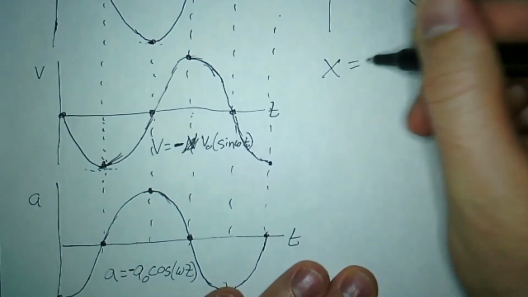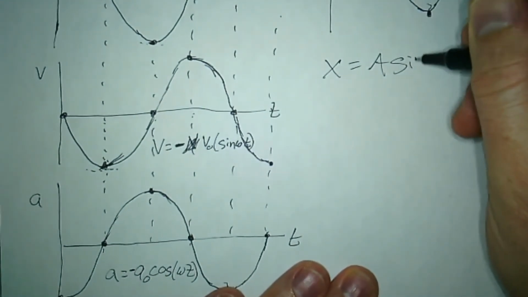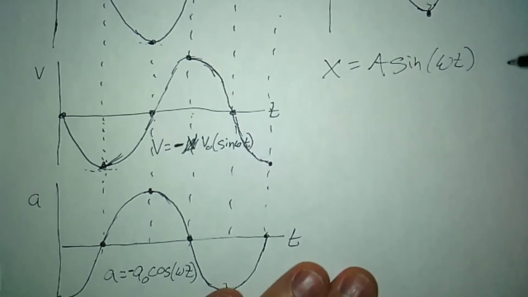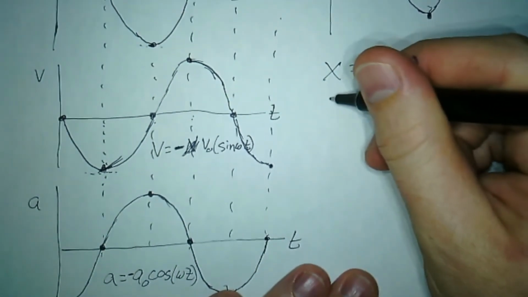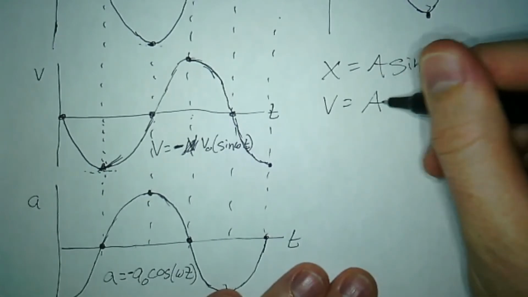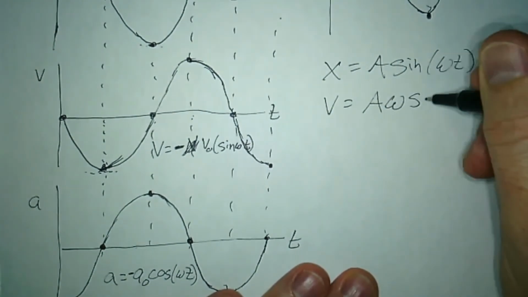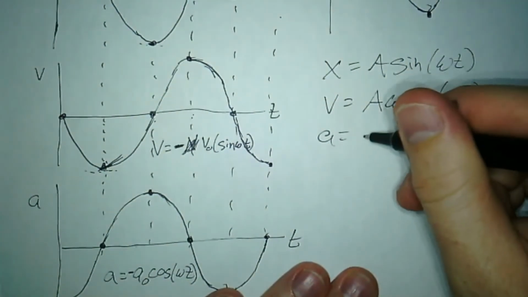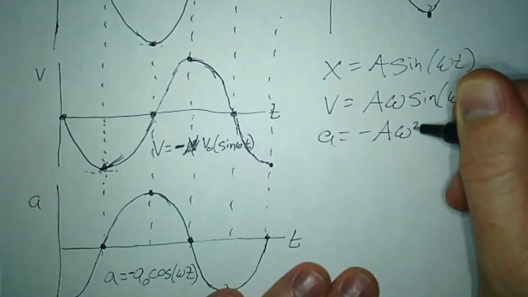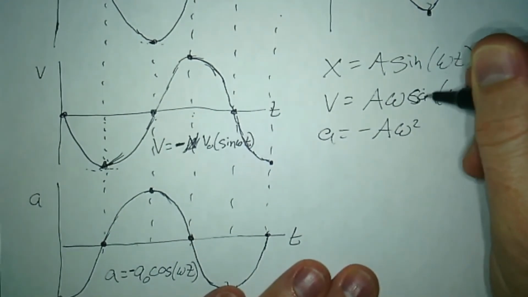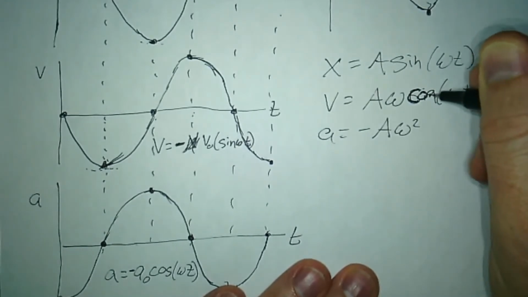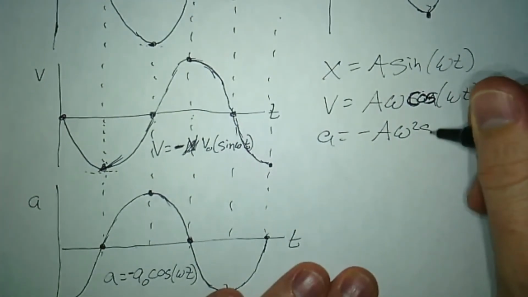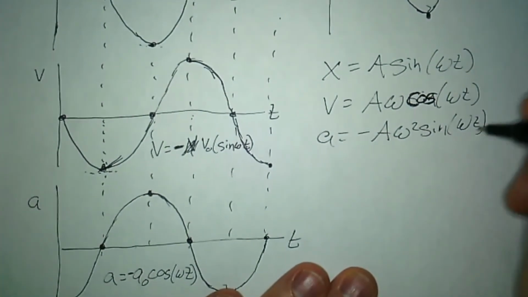So if we say that x equals A sine omega t, and sometimes I'll do a plus delta or some constant in here just so you can shift it, then my velocity is going to be A omega cosine omega t. And my acceleration is going to be minus A omega squared sine omega t. Oops, this is supposed to be cosine up here, my bad. I was looking at the wrong graph.